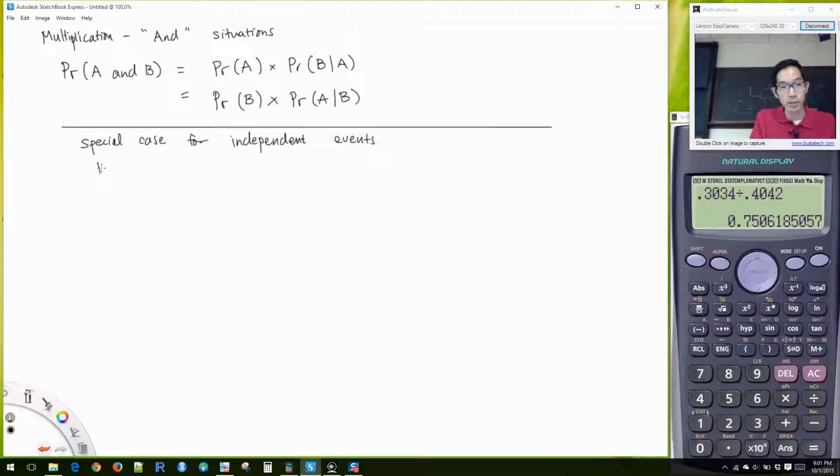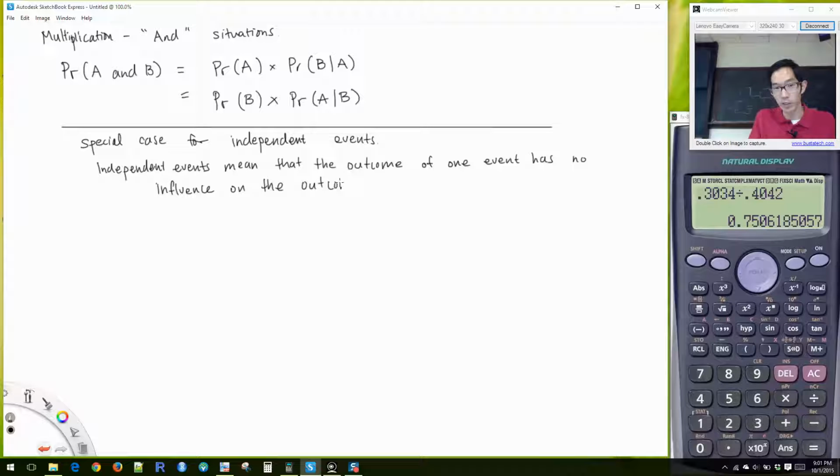And what independent events mean is that the outcome of one event has no influence on the outcome of the other event.